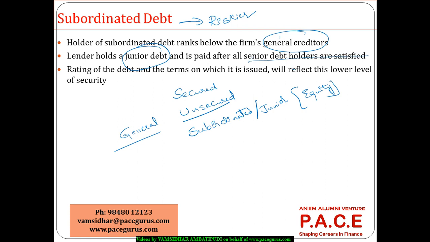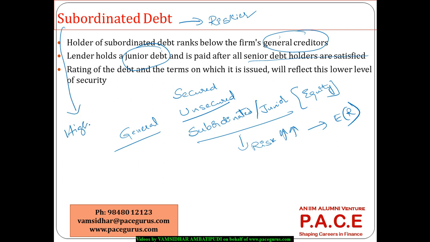After all the debt holders' requirements are satisfied, if there is anything left, then it is paid to the subordinated, which means the risk for these holders is much higher. So the expected return for these kinds of investments is much higher. Sometimes we even call them high yield bonds, or we typically also put them as non-investment grade bonds, or sometimes there is even a common name called junk bonds.